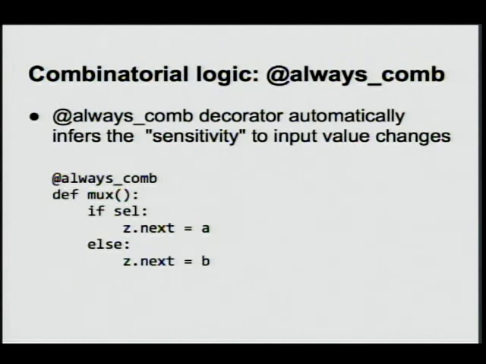What this does is it automatically infers which signals are the inputs here, cell, A and B, and automatically makes this function sensitive to those changes. So even more magic here. This always comp decorator actually uses the AST parser and a whole compile step to make this possible.